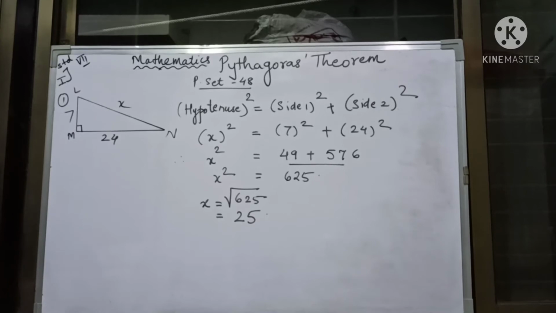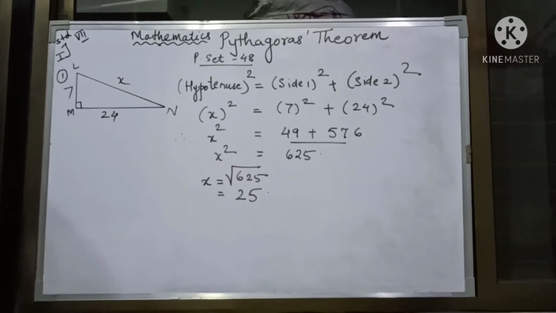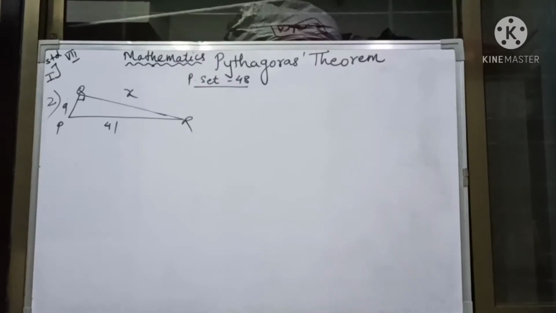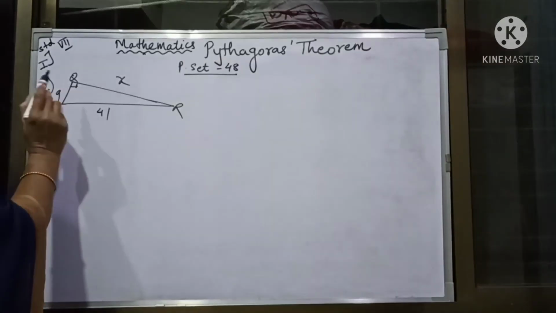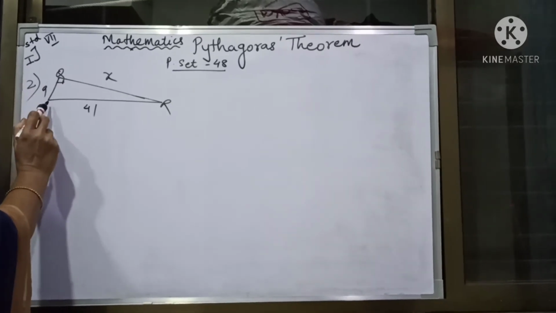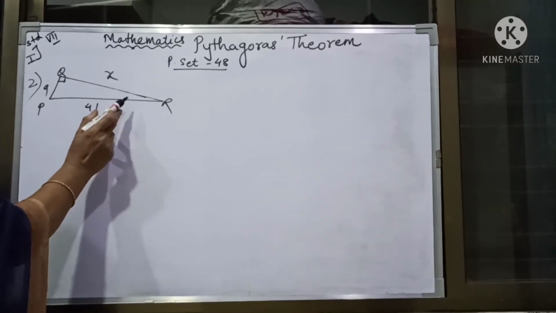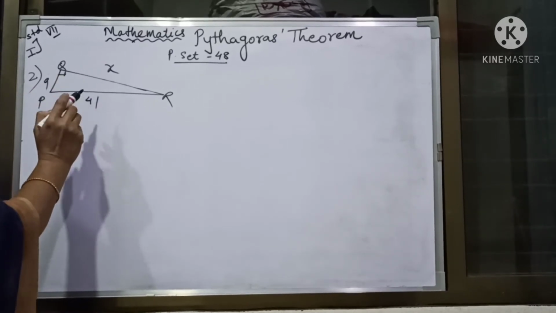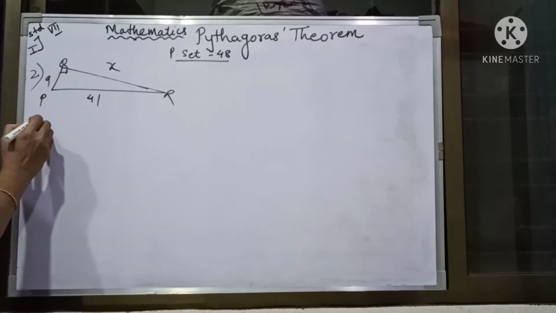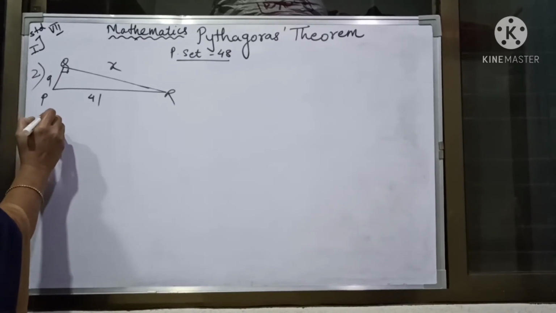In the same manner, we will solve the second sum. Now the second sum. Look at this figure. Here the right angle is angle Q and the hypotenuse is segment PR. The base is given to you. You have to find the height or the other side. So let us first write the Pythagoras theorem formula.